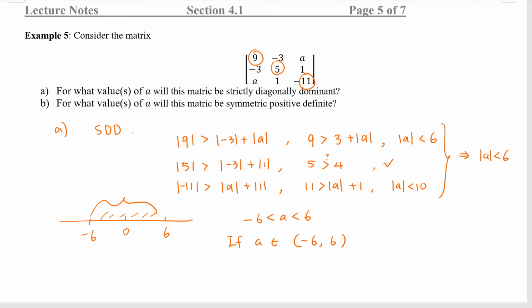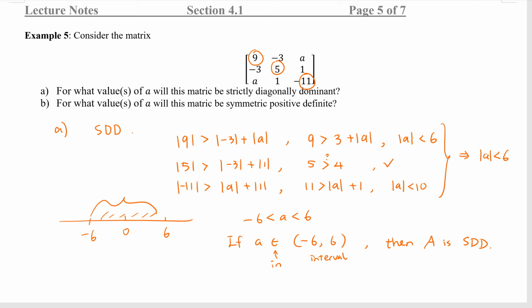This is the interval notation. This symbol means in. And we use parentheses because we want to exclude the endpoints. If A lies in this range, then our matrix is strictly diagonally dominant.